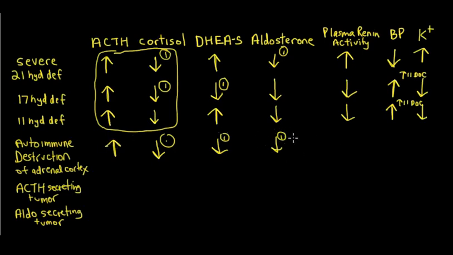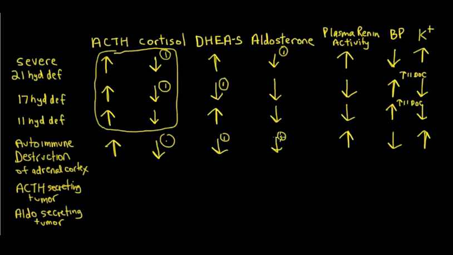If we have aldosterone low and cortisol low, we're going to have low blood pressure. We might have, of course, lack of aldosterone's effects on potassium, so we're going to have an increase in potassium, and we would expect that the plasma renin would go up, okay, using our feedback loop. Okay, and so this would be a very serious condition, profound loss of cortisol and aldosterone, which could be a medical emergency.